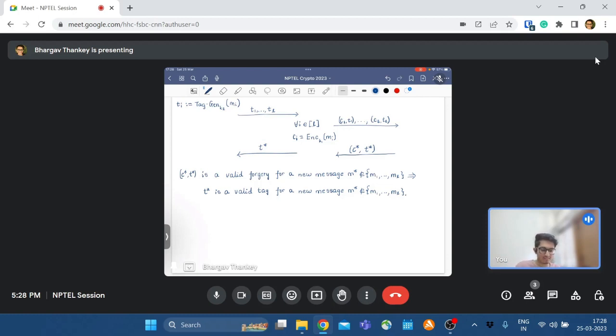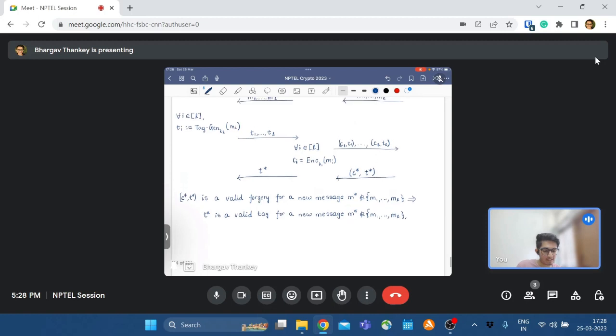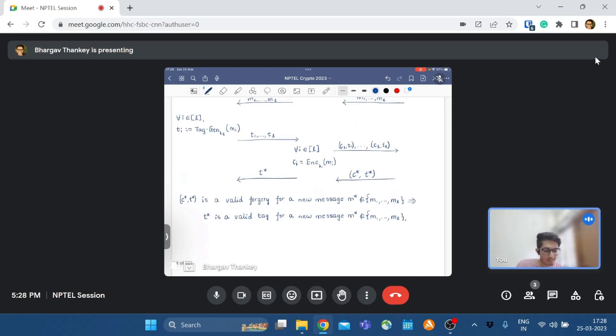Whenever C star, T star is a valid forgery, what does that mean? C star can be obtained from M star by encrypting it, and T star can be obtained from M star by generating a tag, right? So when C star, T star is a valid forgery for a new message M star, that means that T star is a valid tag for a new message M star, right?